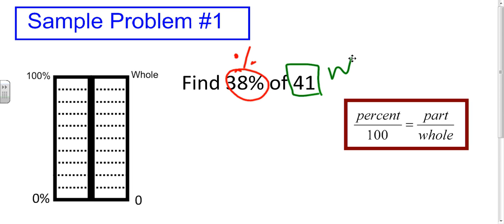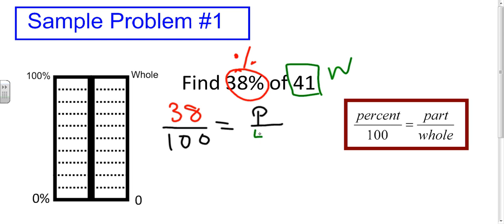And so what I want to do is set up a proportion. I'm going to put my percent over 100, and that's going to be equal to my part over the whole. Notice I found the percent, I found the whole. I don't know what the part is, so that's my variable. My percent was 38%, so it's 38 over 100, which is equal to p over 41, the whole.